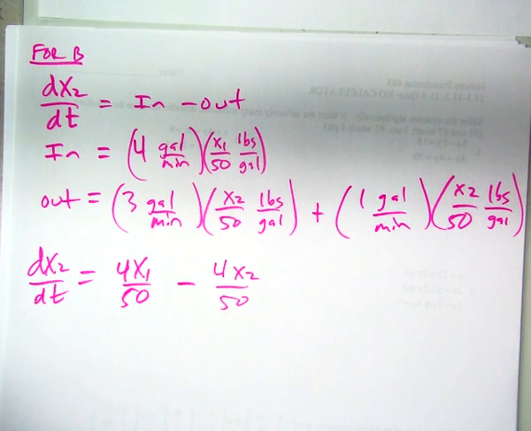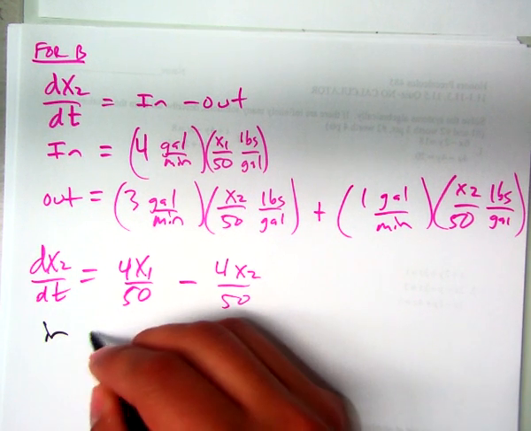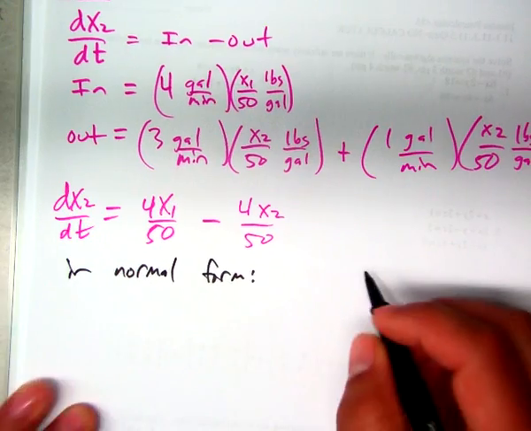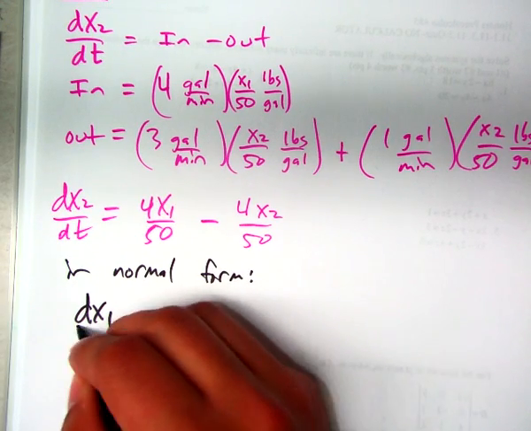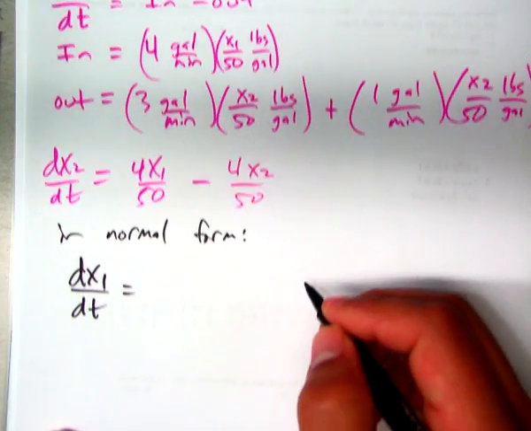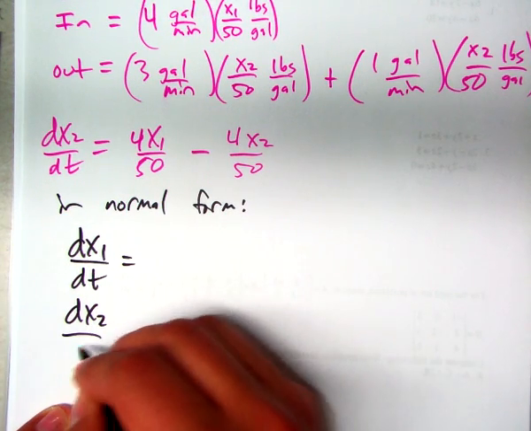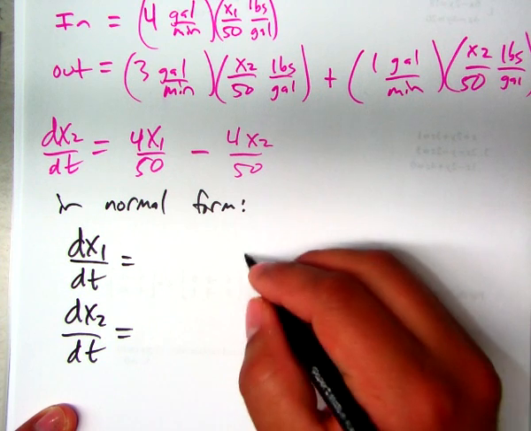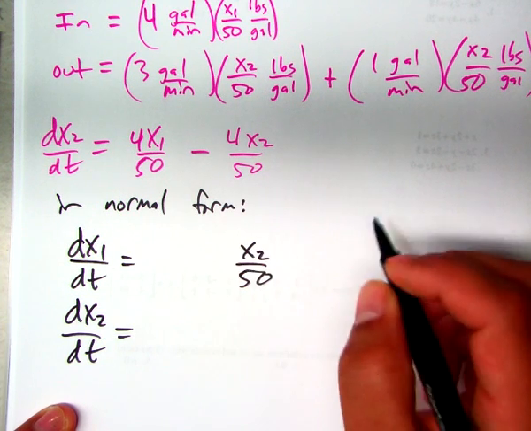And now if we write these in the usual format, so in normal form, and let's go ahead and simplify. dx1 dt, dx2 dt. So dx1 was x2 over 50, so I'll put that here.